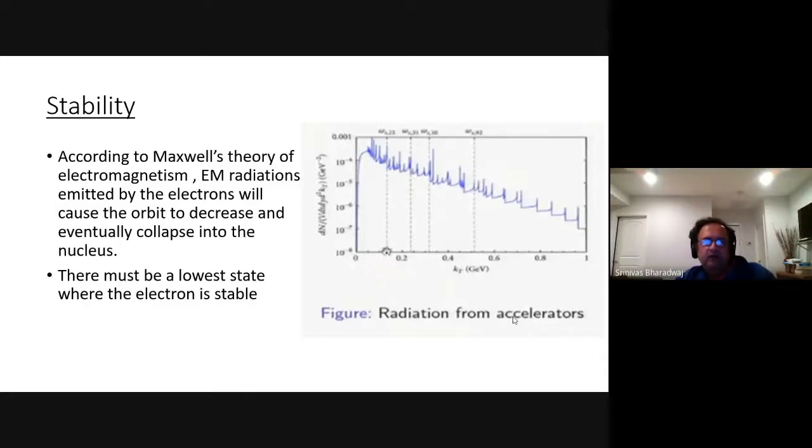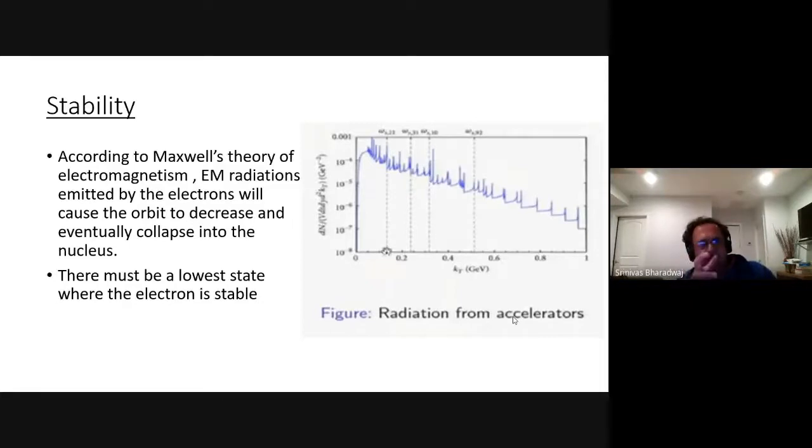The EM radiations are emitted by the electrons, right? So if you emit a radiation, you lose energy, and when you lose energy, the electron should then spiral and go into the nucleus. But that was not happening. So what they said was there must be a lowest state at which the electron is stable, and from there it doesn't go into the nucleus.